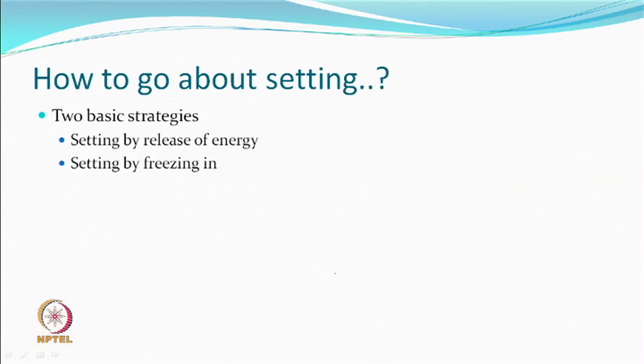So, setting, as we learned before also, can be done in 2 ways: release of energy or freezing in. The cross-linking is in this category, where you are not releasing the energy, you are freezing.